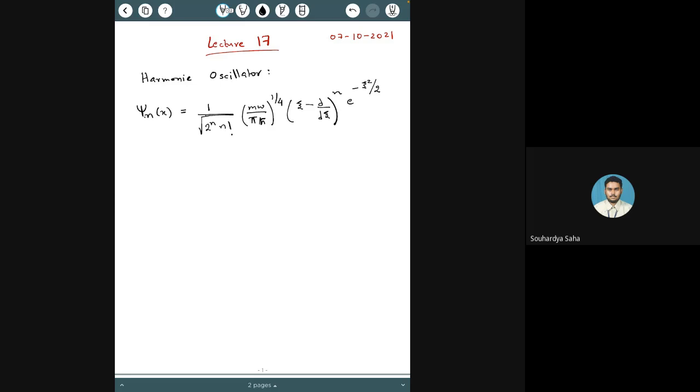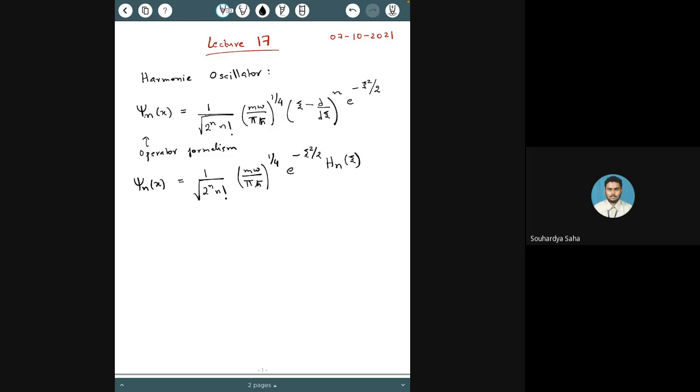So this came from the operator formalism, and from the differential equation solution we got the wave function to look like this, where Hn were the set of Hermite polynomials.